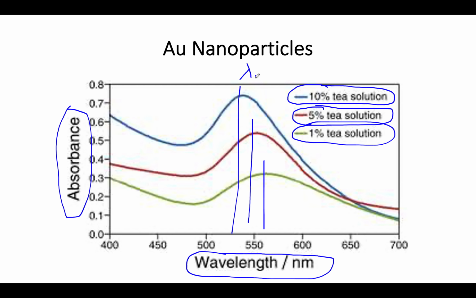And remember, one of the goals of this experiment is to use the lambda max to estimate the size. So you'll have a table, it shows the size of the nanoparticles. So you can see then this wavelength down here, you can estimate the size, and down here, estimate the size.